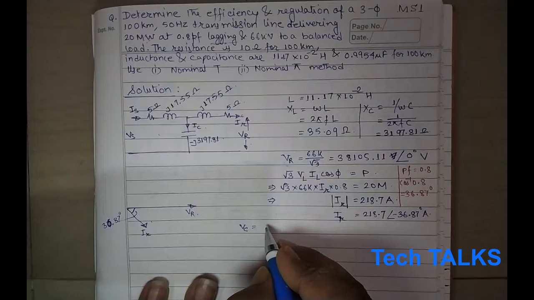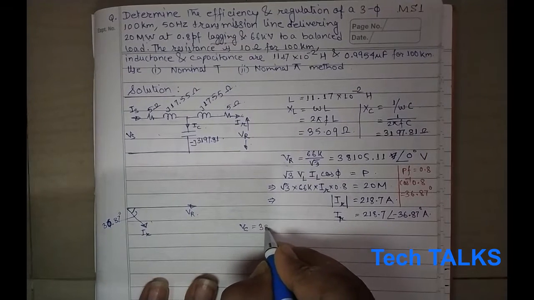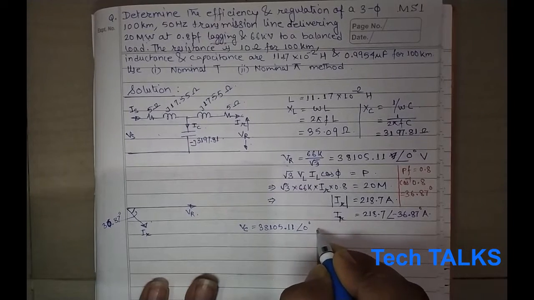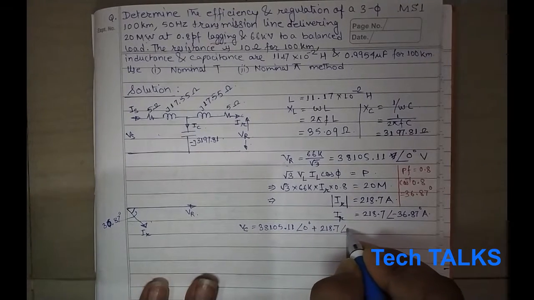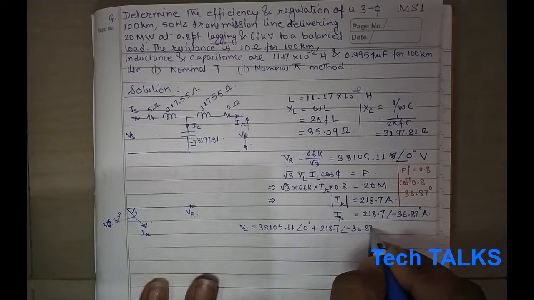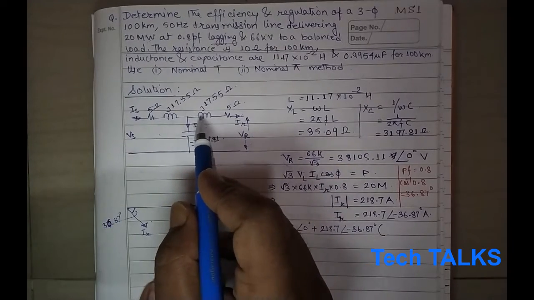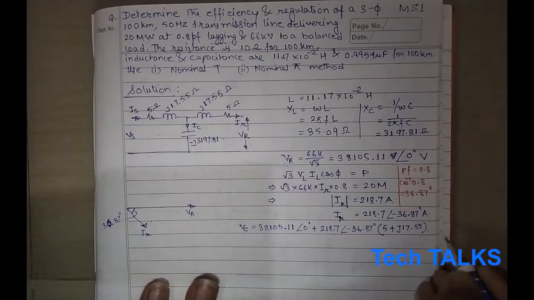So this is equal to VR. VR is 38105.11 at an angle of 0 degree plus IR. IR is 218.7 at an angle of minus 36.87 degree into this branch impedance, that is 5 plus J17.55 ohm.